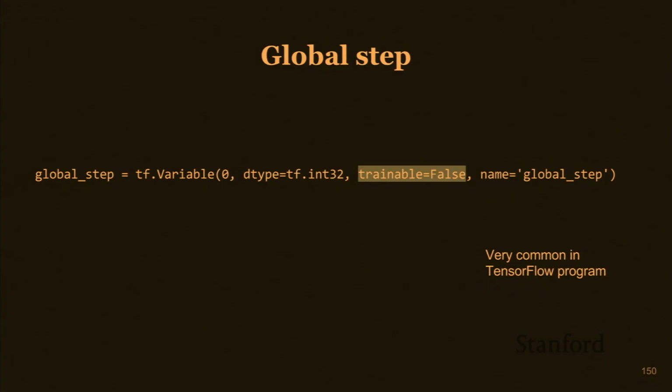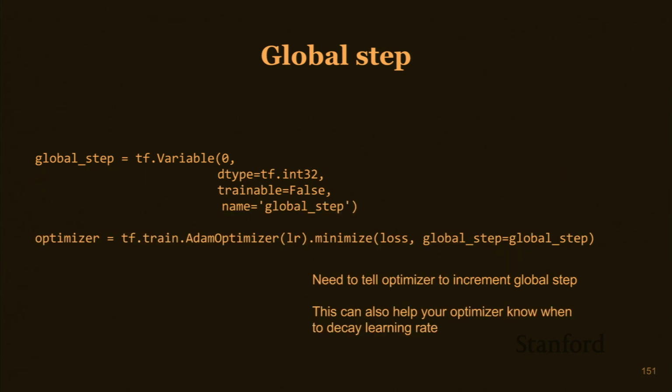Global step is an example of when you don't want TensorFlow to optimize that variable, because you just want it to increment at every training step. So you usually set trainable to be false. The good thing is that if you want some scheduler that increments or decrements the learning rate, you can also tell TensorFlow.